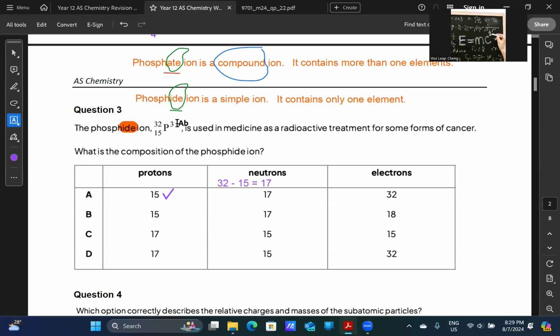And this is three units of negative charge. So this tells you the phosphorus atom gains 3 electrons. 15 plus another 3, so the overall number of electrons will be 18. The correct composition of the phosphide ion here should be B.